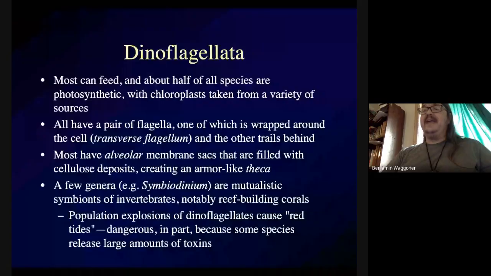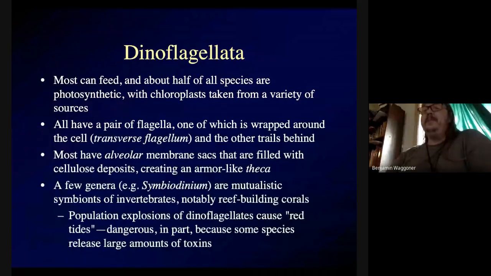Membranes in dinoflagellates are filled with cellulose, and they create this armor-like coating just under the plasma membrane. You'll see that in the next slide. It's called a theca. There are a few dinoflagellates that don't have those cellulose deposits. They're called naked dinoflagellates. There's a few genera that are very important as mutualistic symbionts.